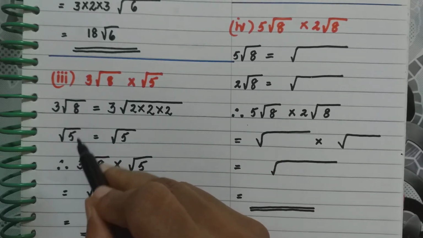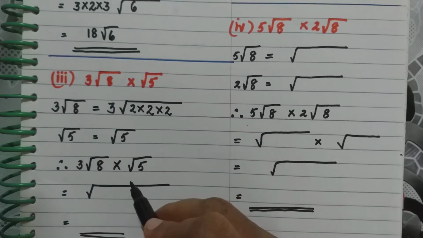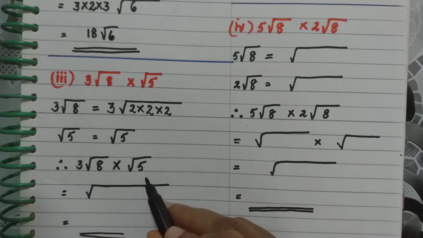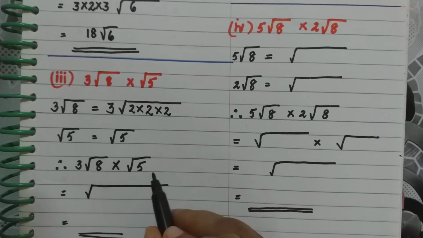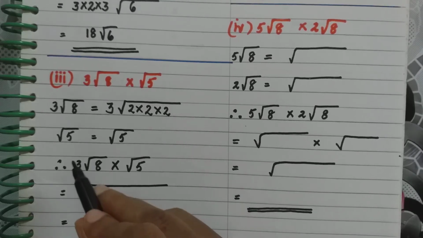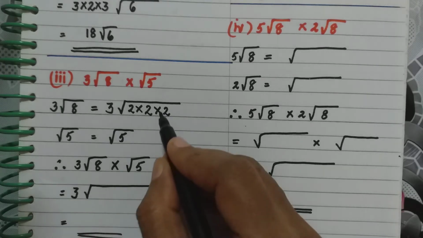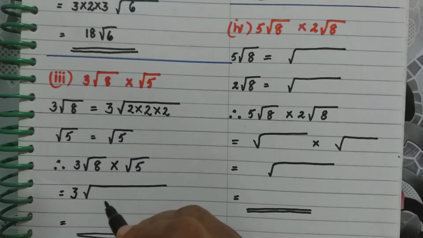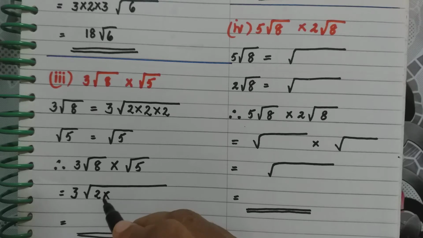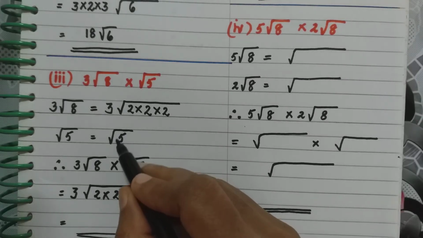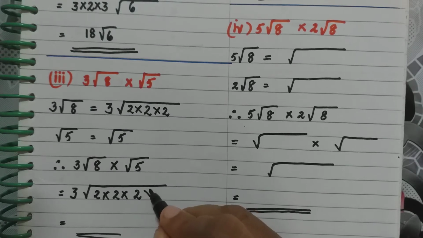Square root 5: 5 is already a prime number, so this is written as it is. Therefore 3 square root 8 into square root 5 is equal to, only one of these has a number outside, so I write that number out. Inside the first root we have 2 into 2 into 2, and inside the second root it is 5, so I write 5.